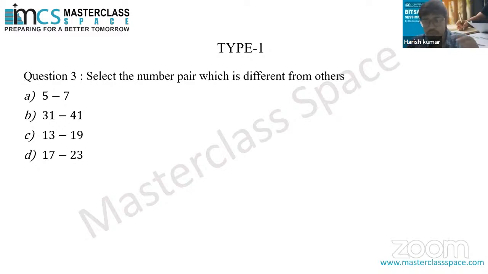Don't try to impose the same logic that you imposed in the previous question. Try to think about the numbers. What can be the logic? All these numbers are a particular kind of numbers. That's the hint. With the help of that hint, you should be able to solve this question.